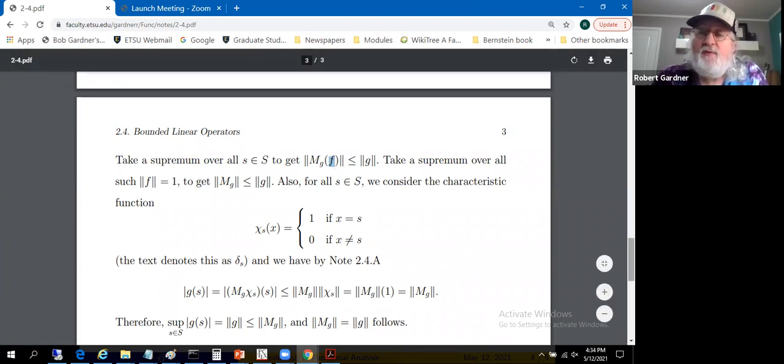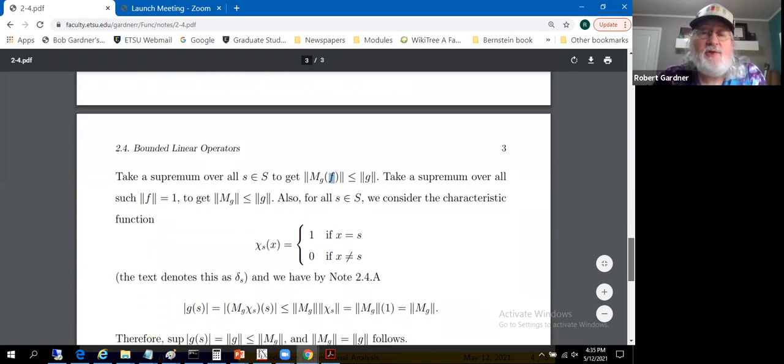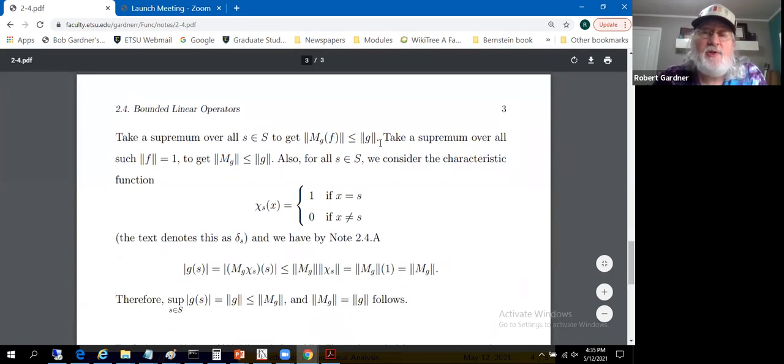And we just showed if f is any unit vector, then this quantity is bounded by the norm of g. We set all this up with f as a unit vector. Take the sup, this becomes the operator norm of m sub g. We've got this bound on each of the terms, so you've got that same bound on the suprema.